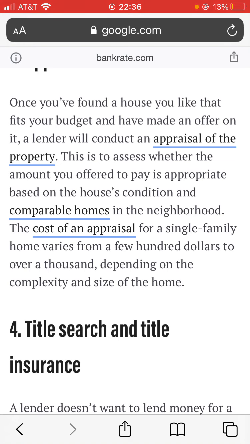So you have a subject to appraisal, and then what's going to happen is that you're going to have the purchase agreement or the offer modified down to the amount of the appraisal's opinion.